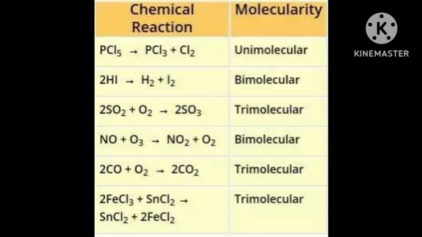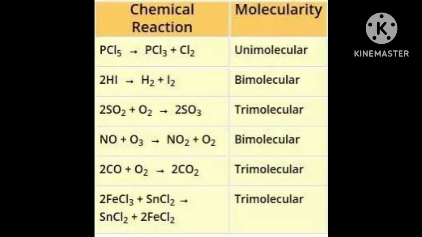Now the example I am telling you: 2NO plus O2, nitric oxide, NO is a gas, oxygen is also a gas. Then 2NO plus O2 gives 2NO2, nitrogen dioxide. What will you conclude from this reaction?